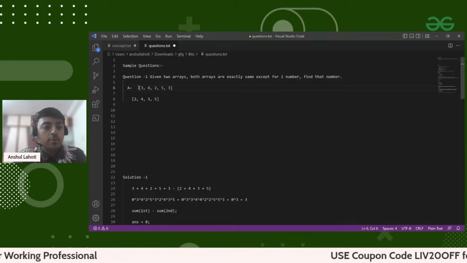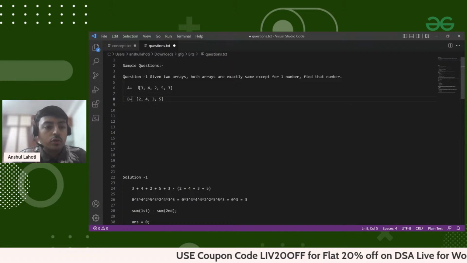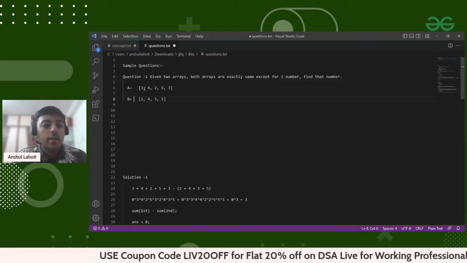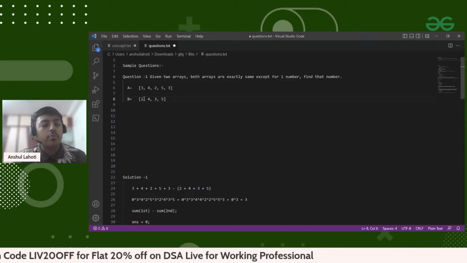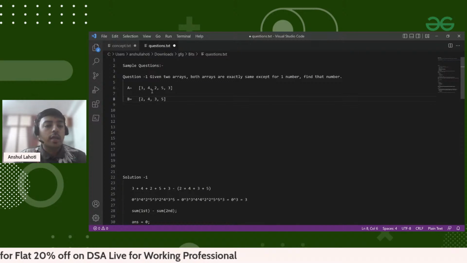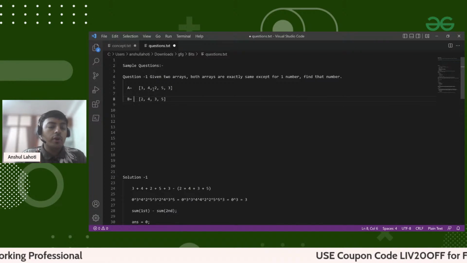and suppose array B. The question states that both arrays are the same, but just one number is different. In array A, we have 1 time 2, and in array B, we have 1 time 2 also.